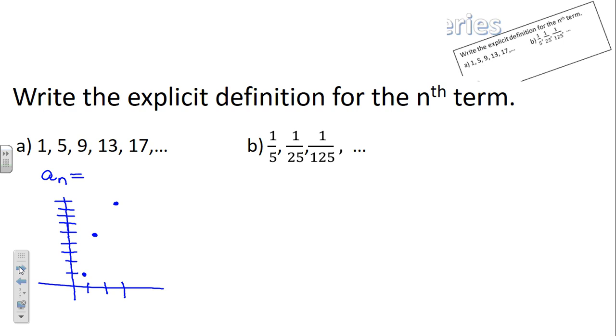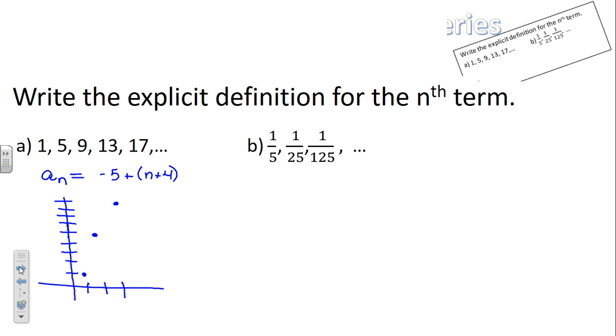Negative 5 plus 4 would get us, so negative 5 plus n plus 4. All right, let's see if that does the trick. If n is 1, we're going to get 1 plus 4. Nope.